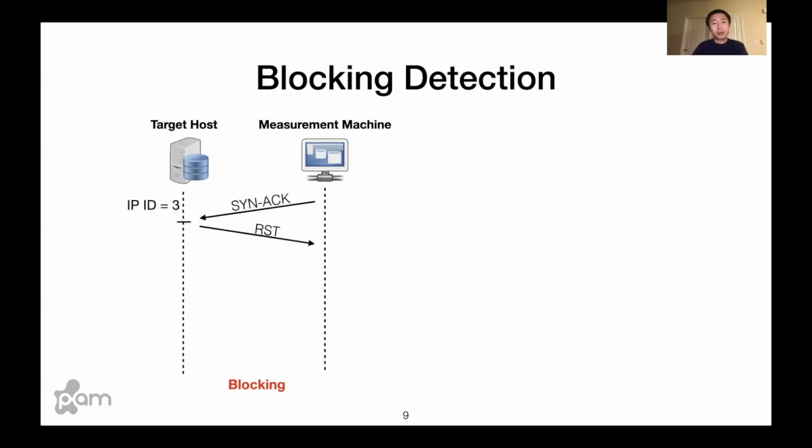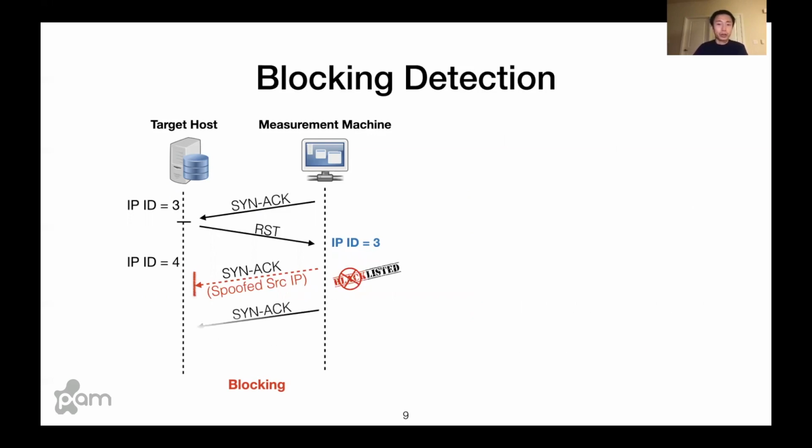For a target host, we first send a probe packet to get the first IPID, let's say 3. And this will trigger the IPID to increase by 1, so now it's 4. And then we send another packet, but we spoof the source IP address to be an IP on a blocklist. If there is blocking in place, the target host will not get this packet and the IPID will not change.